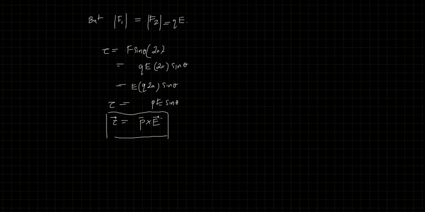Now we can see some different cases here. The first case is when theta is 0 degree. What does this mean? I am going to have the electric field like this, and the dipole moment P makes 0 degree with the electric field. I am showing the dipole with the arrow.